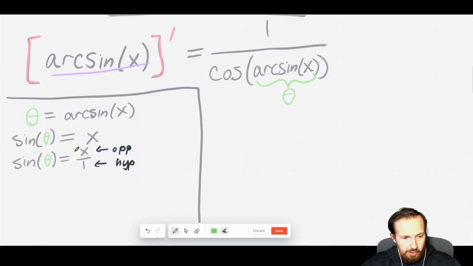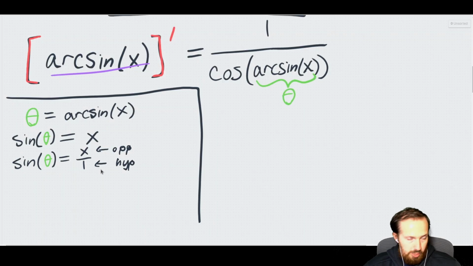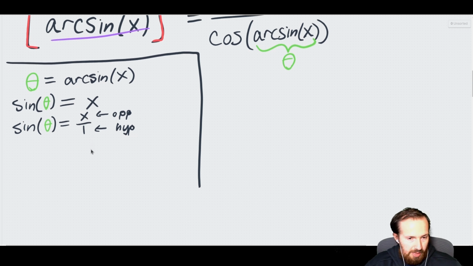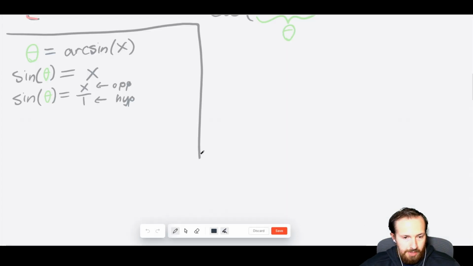Also, just to be clear, you could have called it 2x over 2 or 100x over 100, and the ratio would still have been true. It's just that the simplest one to look at is x over 1. This technique would still work with anything as long as the ratio turns out to be x, but it would be a lot more work for you, so there's no reason to do it.